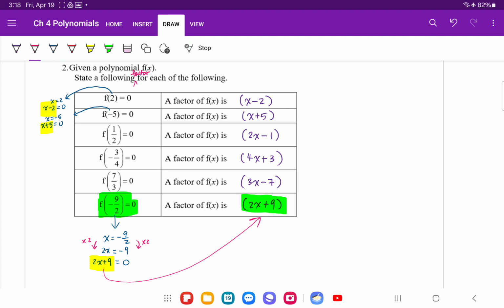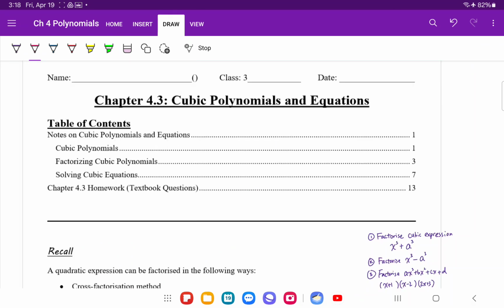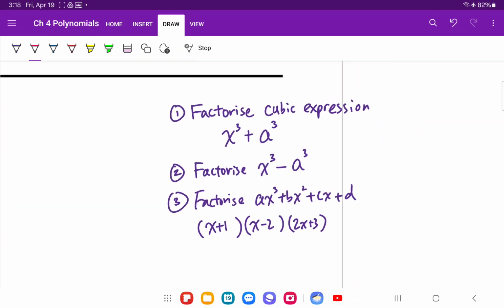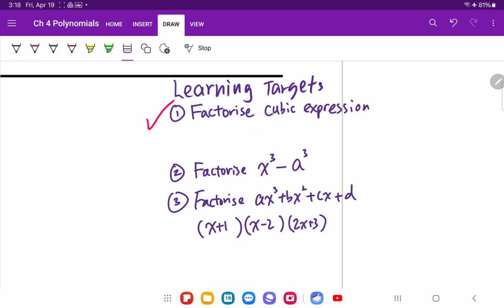Now with that, can you take out your topic 4.3 and let's begin the lesson. Alright, now for chapter 4.3, last lesson, we have actually established some of these learning targets already. So on Wednesday this week, we have already covered the factorization of the first one, but of course in the notes it's written as a cube plus b cube.